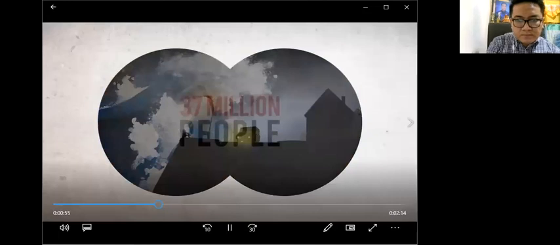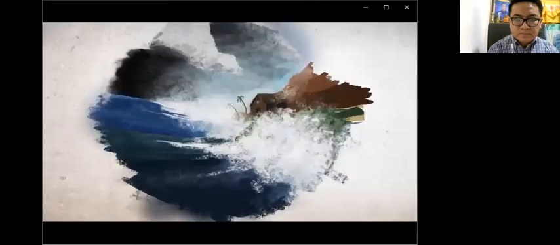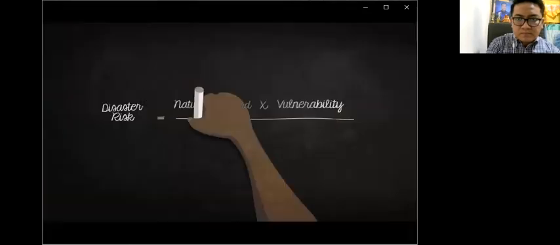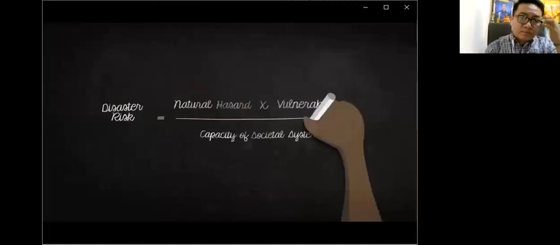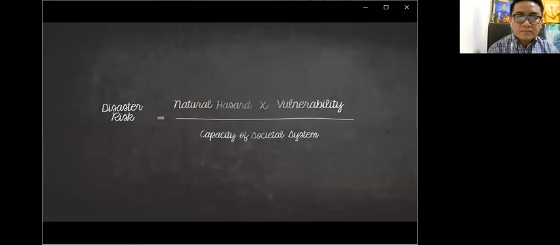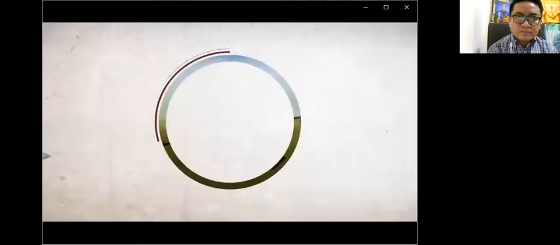It is thus important to keep in mind that disasters are not natural. They only occur when people lack preparedness or the ability to cope with hazards. We can use the following formula. While education systems are greatly affected by disasters, they are also part of the solution.